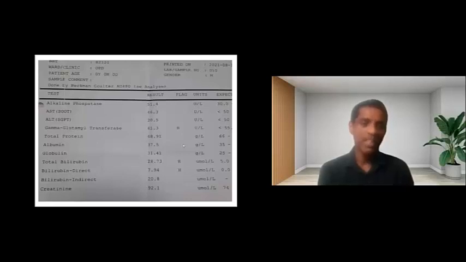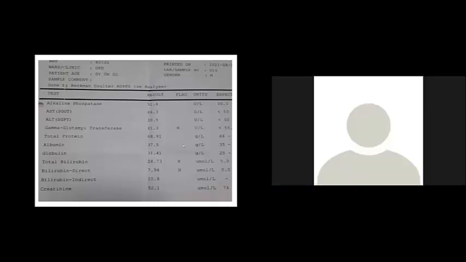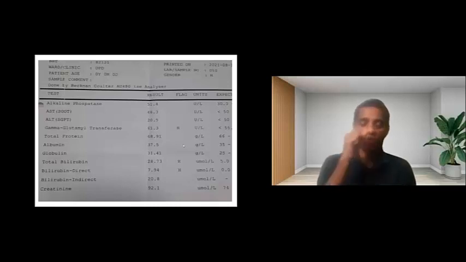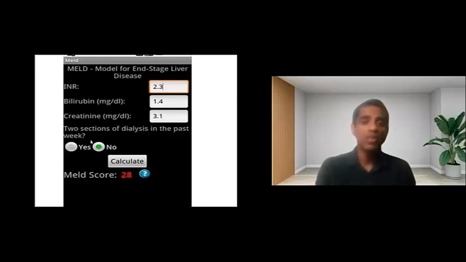Any possibility that the patient is having Gilbert syndrome? You must exclude hemolysis or Gilbert syndrome, isn't it? This patient was referred because of the high MELD, but you can see here the bilirubin is total.